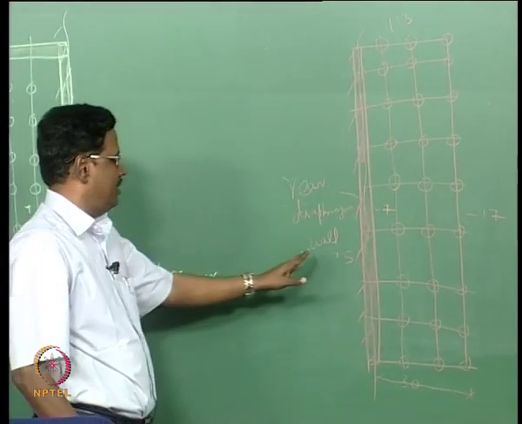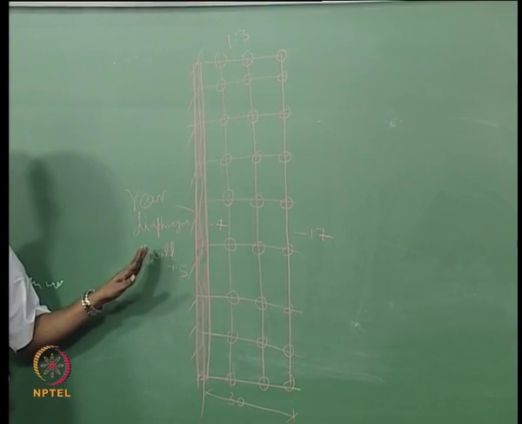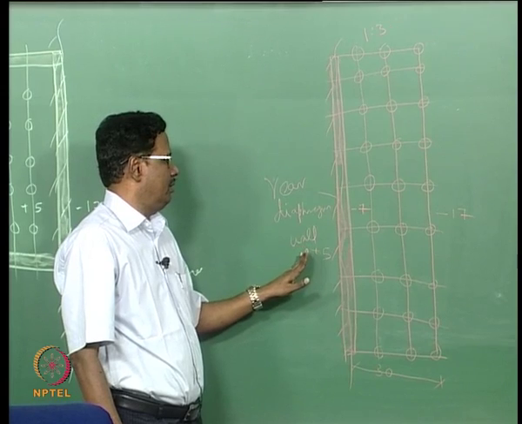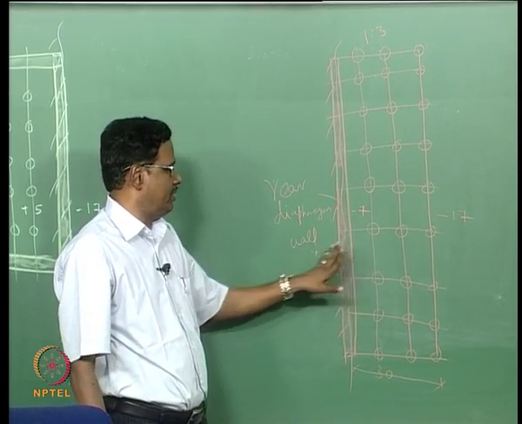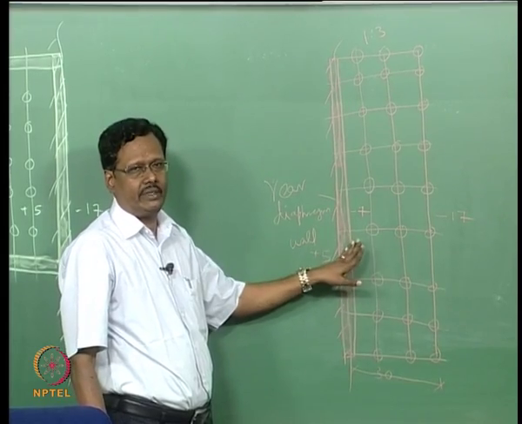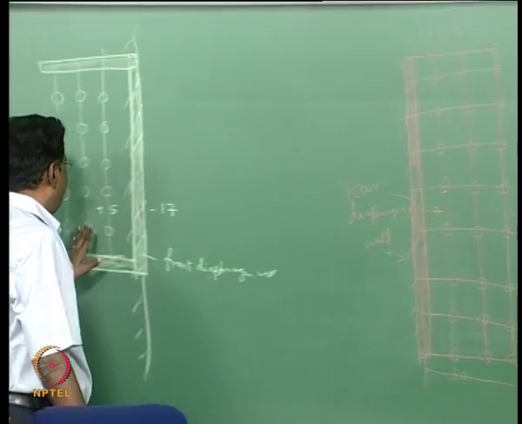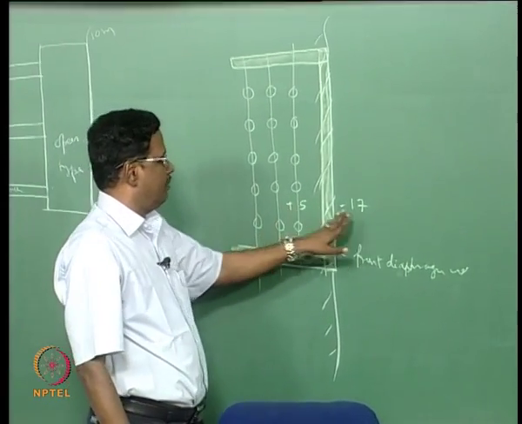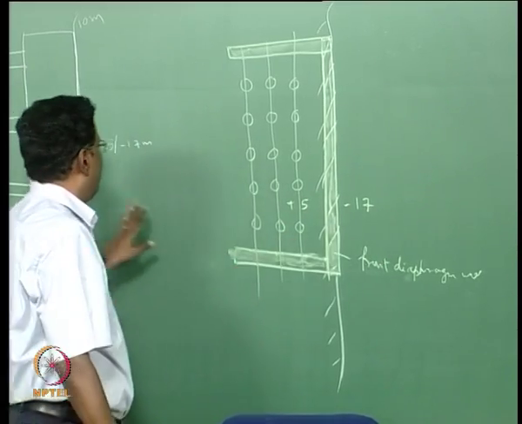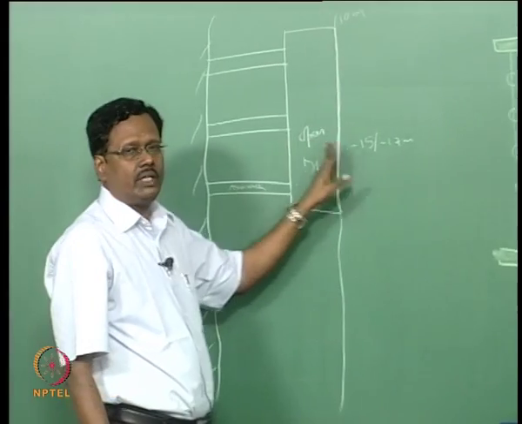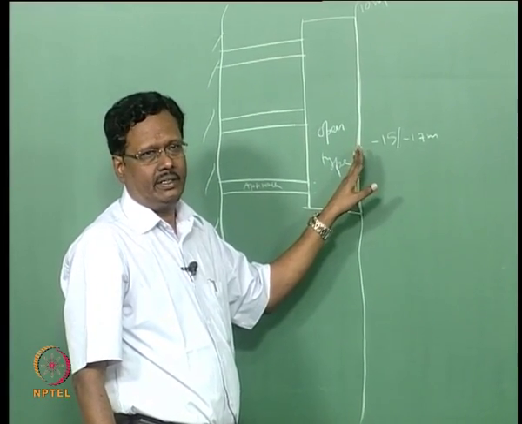That means the difference in bed level is this side plus 5, this side minus 7, that is 12 meter. Whereas here it is plus 5 here and minus 17 here, it is 22 meters. This type there is no earth pressure, is it clear?